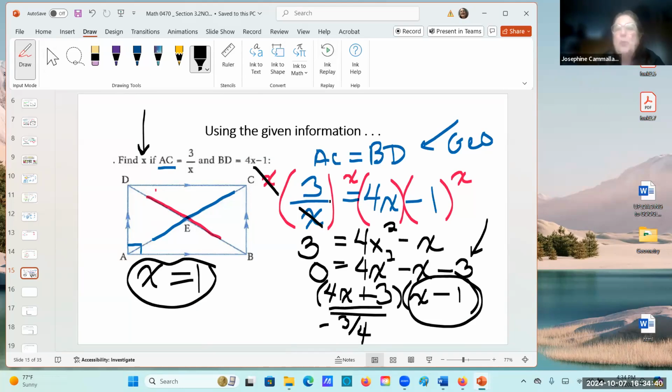Any question with this? Yay! Yes, what I did to fractions, Alan, I can do on any equation that has a fraction.